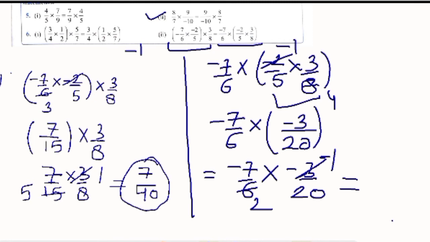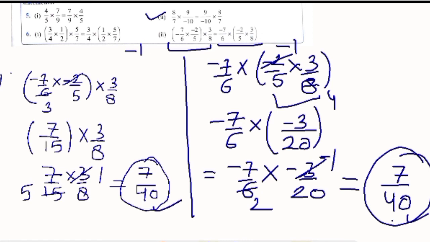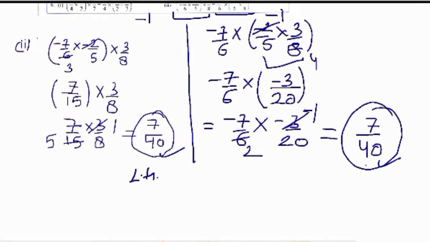Now what do you have in numerator? In numerator you have 7 ones are 7 and minus minus plus upon 2 2s are 4, 40. So on left hand side it was 7 upon 40. On right hand side also this is 7 upon 40. So left hand side is equals to right hand side, verified.